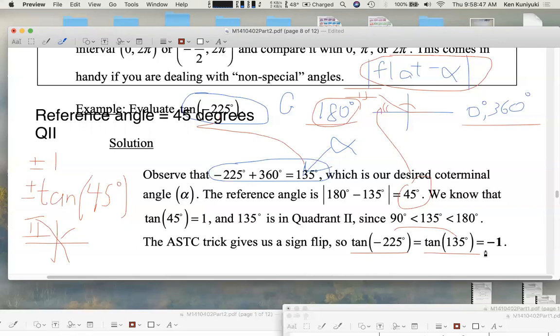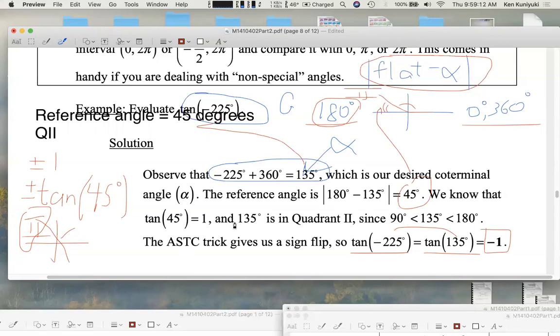The answer for both will be negative 1. 1 is the tangent of 45 degrees, the reference angle, but we have to sign it negative because these two angles are in quadrant 2. That's a lot of stuff there. It might be easier to just go to radians.